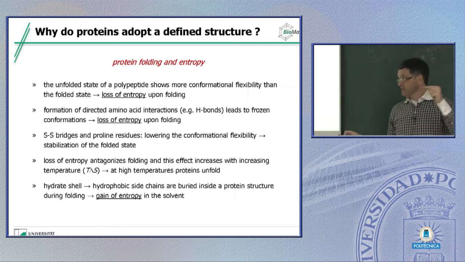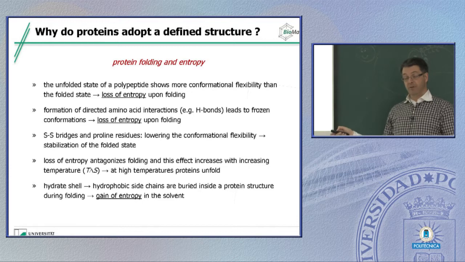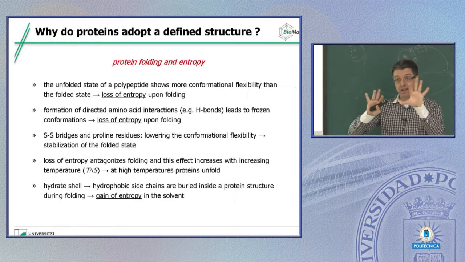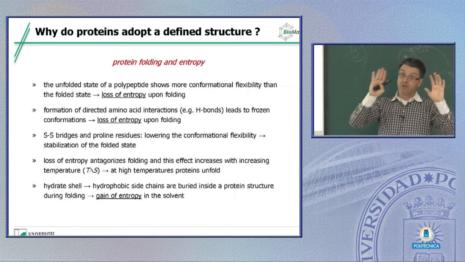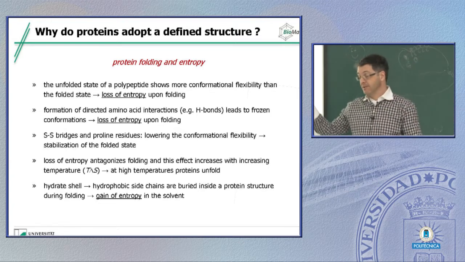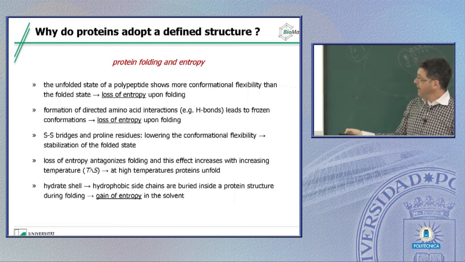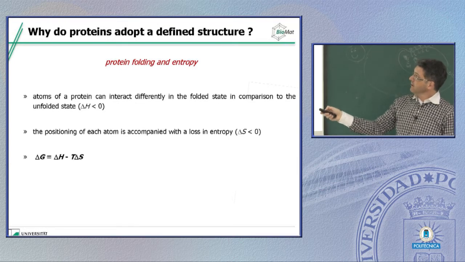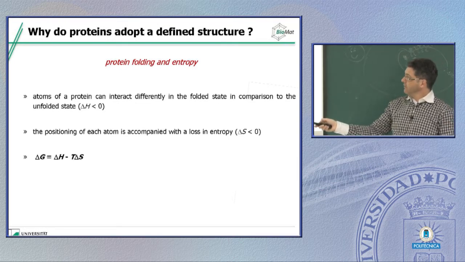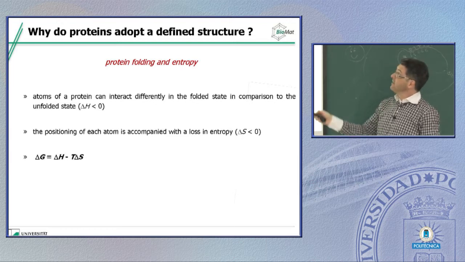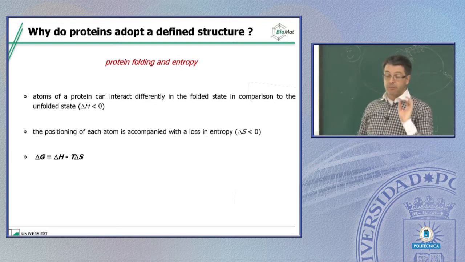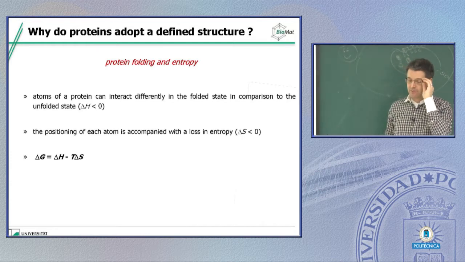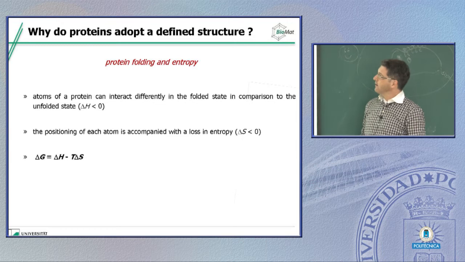Now, if we look at the solvent, this is a gain of entropy because the solvent does no longer have to deal with hydrophobic side chains, which can interfere with the structure of water, as we see later. So therefore, we have here a gain of entropy in the solvent. So we have loss of entropy concerning the molecule. We have a gain of entropy concerning the solvent. And this is one of the driving forces why proteins adopt a defined structure. And this is what we have to keep in mind, again, if we talk about spider silk.